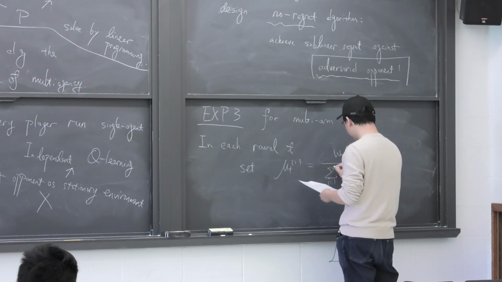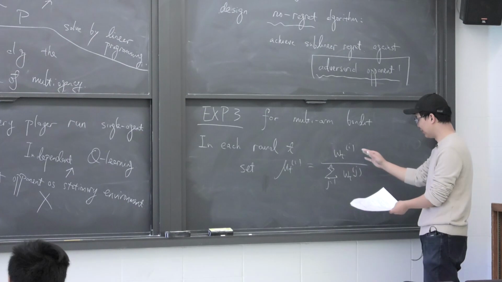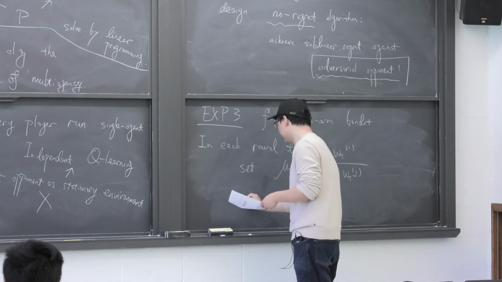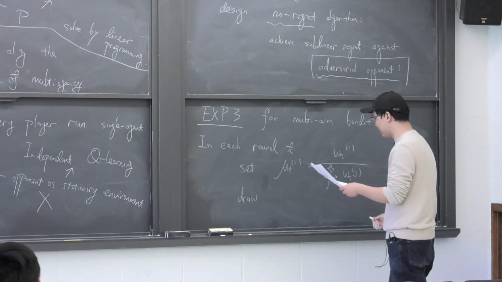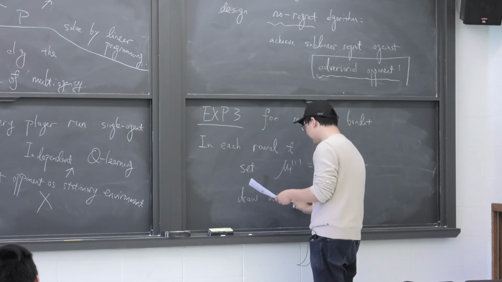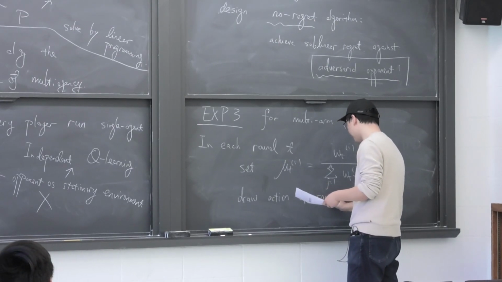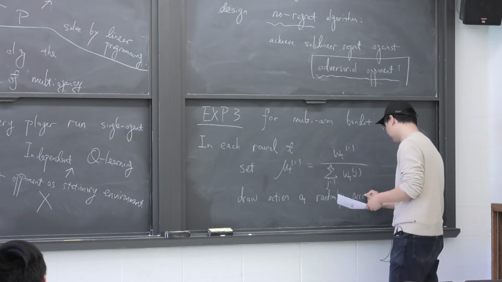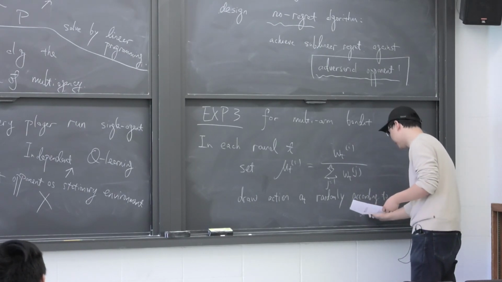So essentially for each action, we will have a weight, and these normalized weights denote the distribution mu t. So in every round, whenever I play the multi-arm bandit problem, I will draw the action a t randomly according to the distribution mu t.